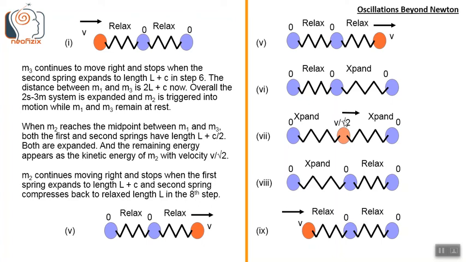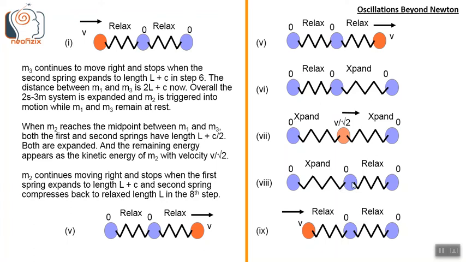The maximum velocity that M2 can have is v by root 2. That was the same as we saw in the previous step also, where both the springs were compressed. In this state, both the springs are expanded, and still the maximum velocity for M2 is v by root 2. M2 continues moving right between step 7 and 8, and at step 8 it stops.